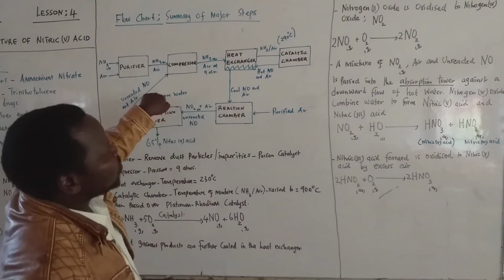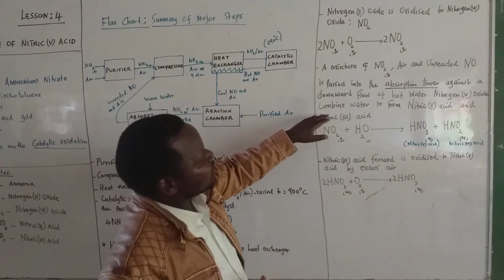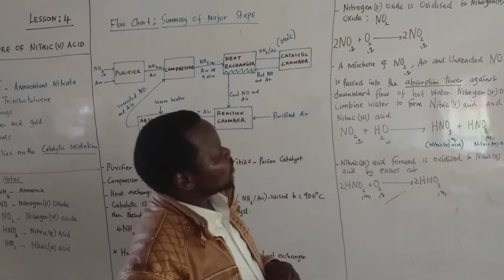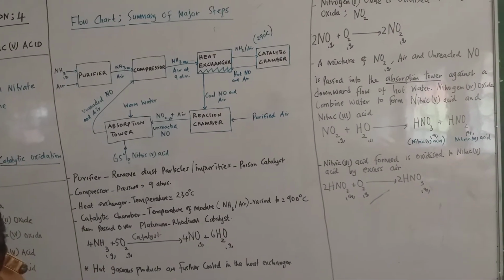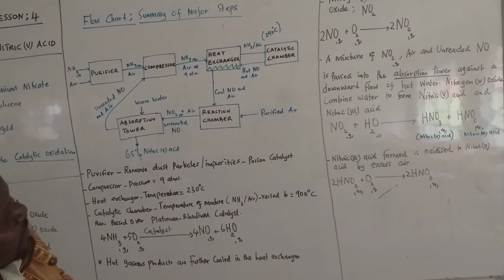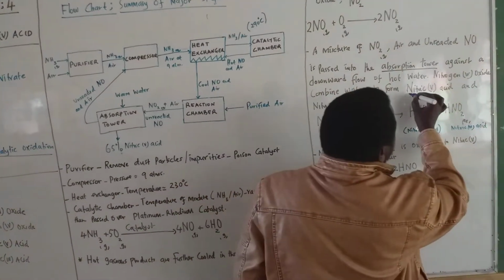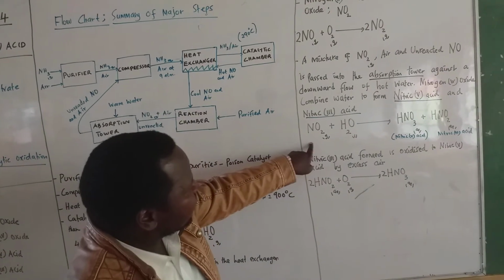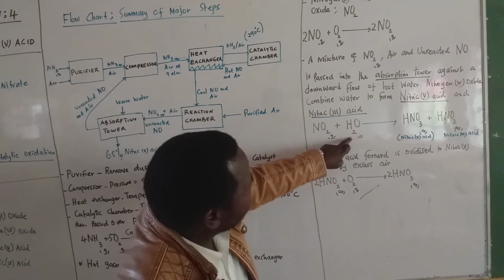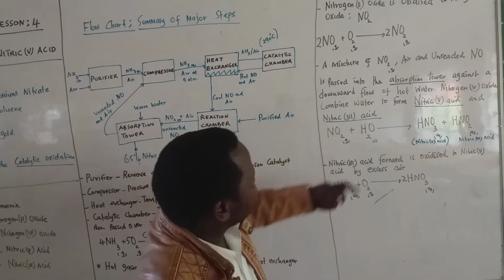There is hot or warm water there. The nitrogen 4 oxide combines with water to form nitric 5 acid and also nitric 3 acid as indicated. So you have nitric 5 acid and also nitric 3 acid being formed, and this is the equation for that reaction.